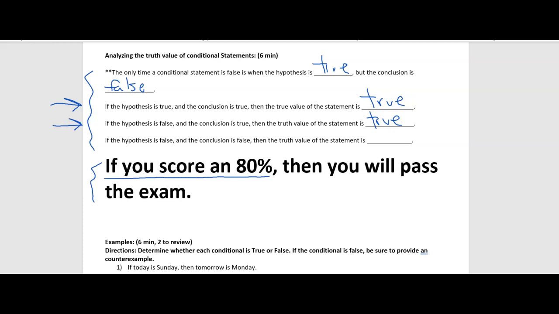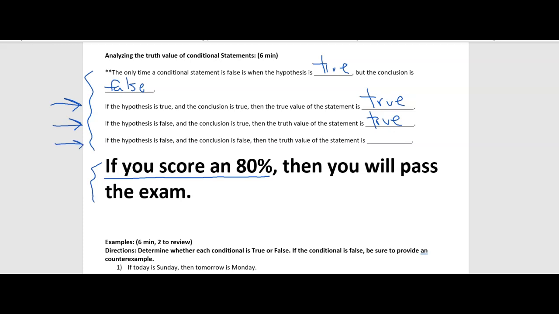So we only have to analyze this statement if the hypothesis is true. If the hypothesis is true, then we have to make sure that our conclusion is true. But if the hypothesis isn't true, then our conclusion could be true or false, and it doesn't matter, right? That's what gets into number 4.